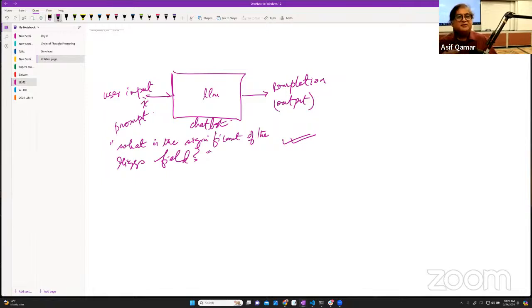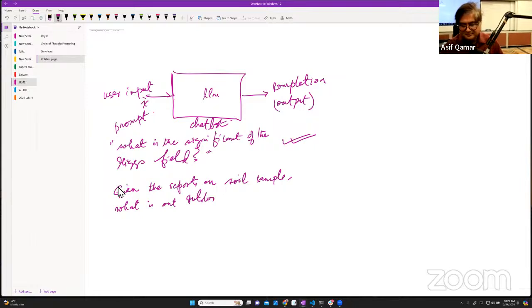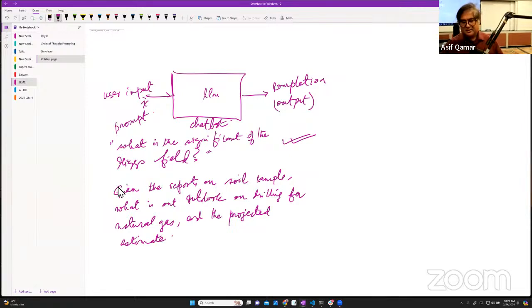But if I were to ask a separate question and say, given the reports on soil samples, what is our outlook on drilling for, let's say, natural gas, and the projected estimate of effort.